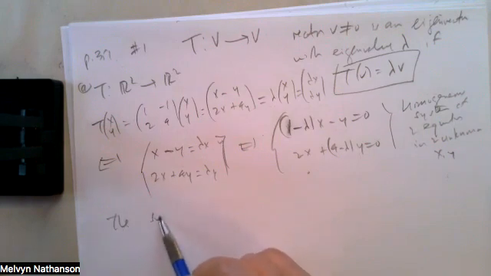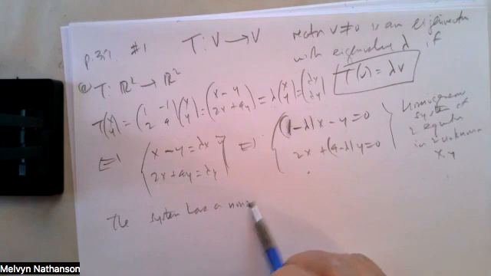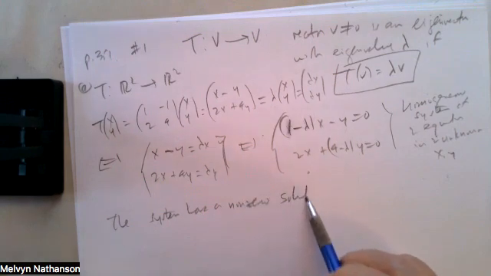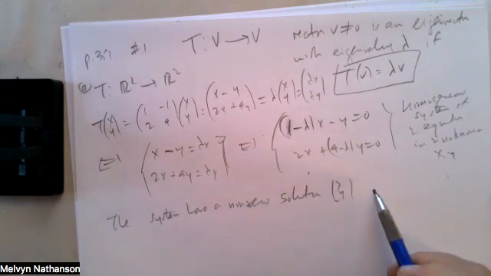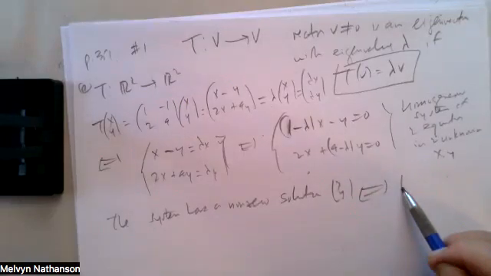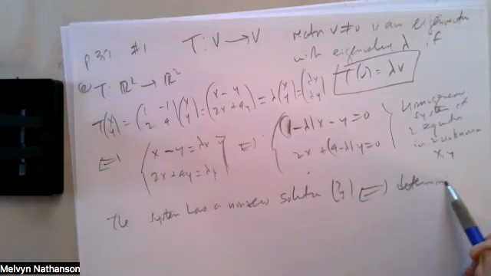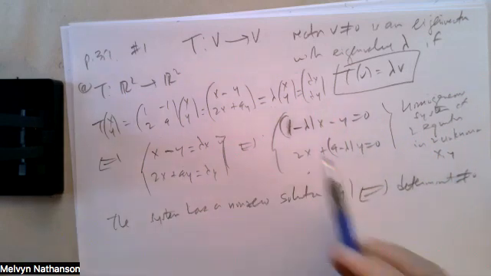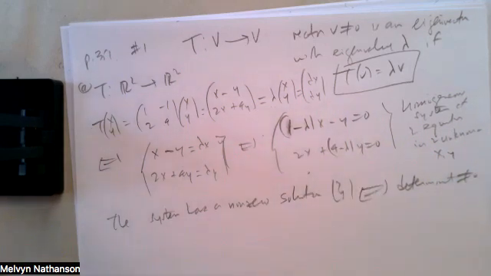So the system has a non-zero solution, x and y, if and only if the determinant of the coefficients is 0. What are the coefficients of x and y? If we write down the matrix for them, 1 minus lambda, minus 1, 2, 4 minus lambda.